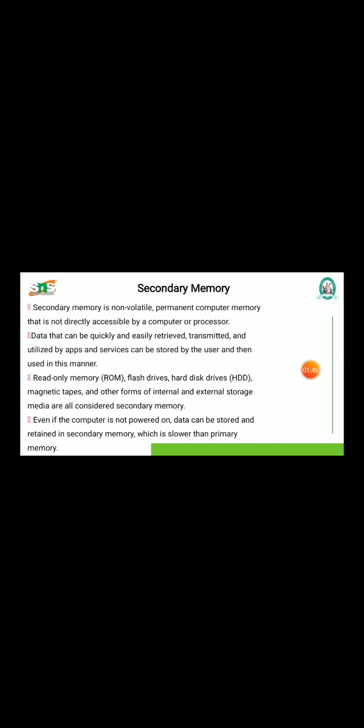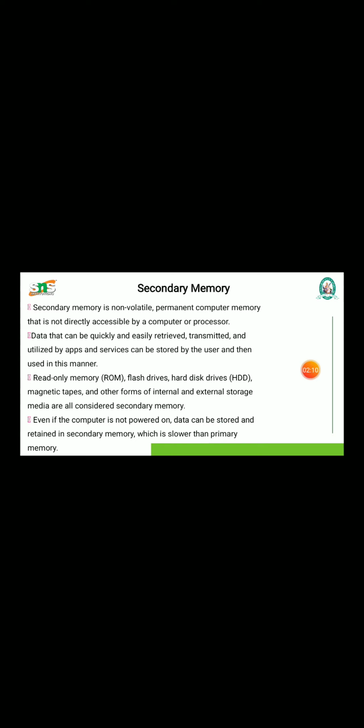The secondary memory is also called non-volatile memory, the permanent computer memory that is not directly accessed by the processor. Data that can be quickly and easily retrieved, transmitted, and utilized by apps and services can be stored by the user and used in this manner.